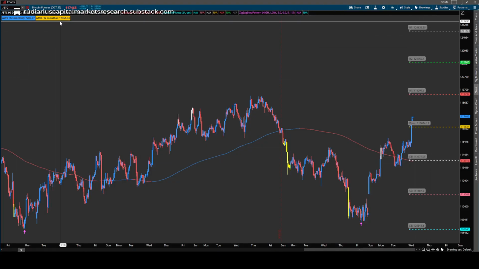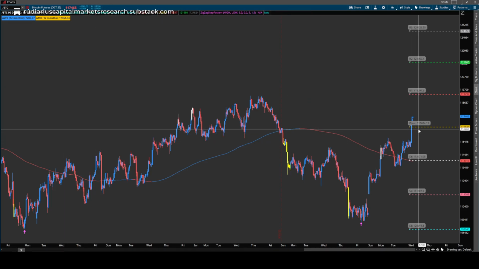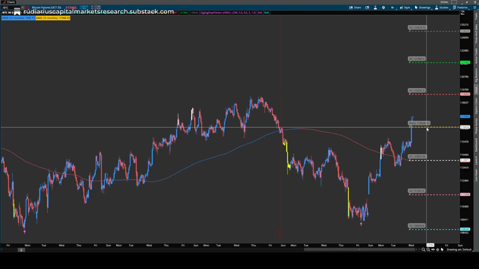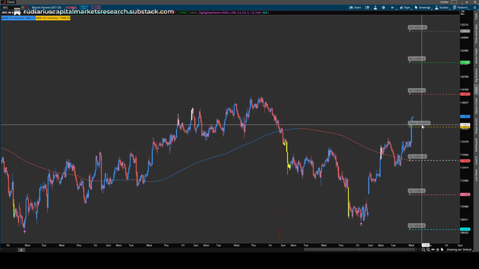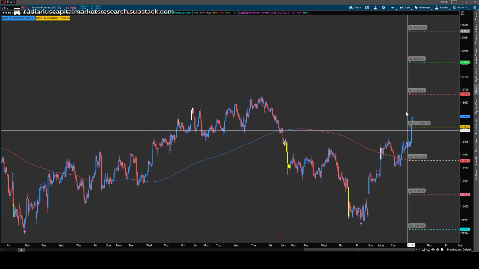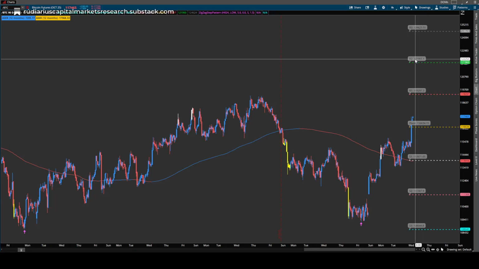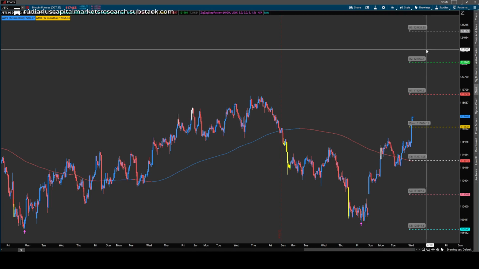It's about 17,968 for the full range. So let's call the distance between each level 2,600, 2,700, somewhere in there.